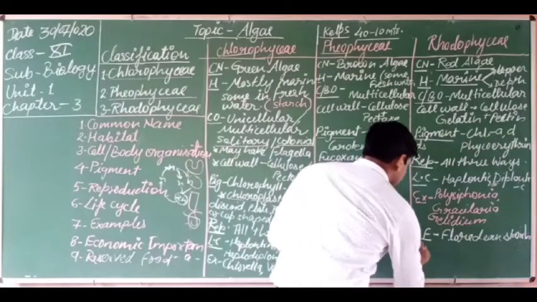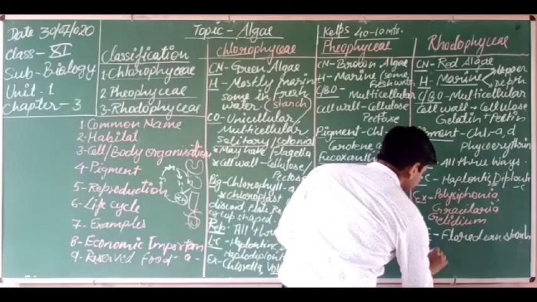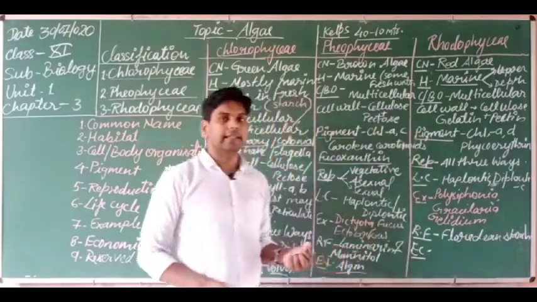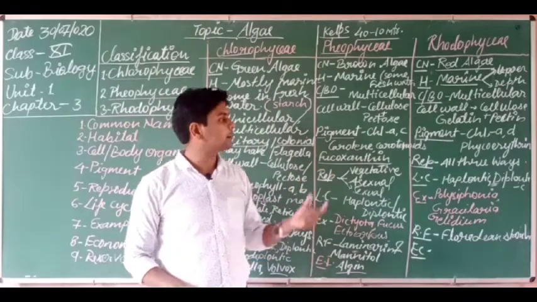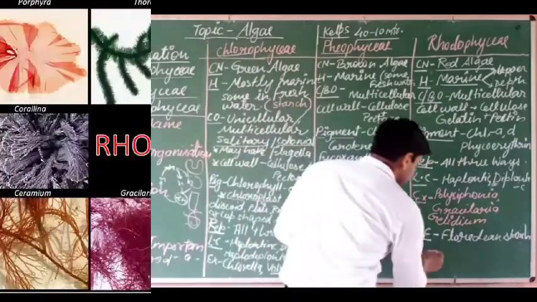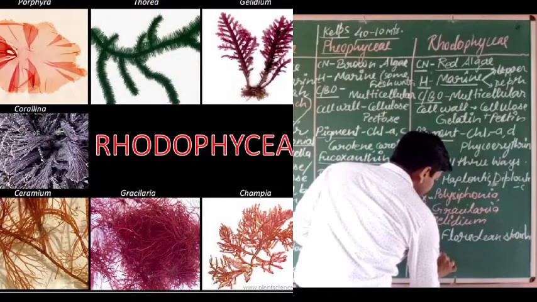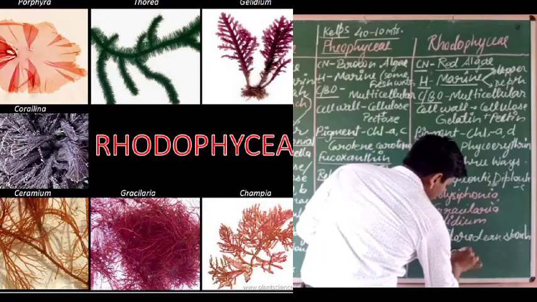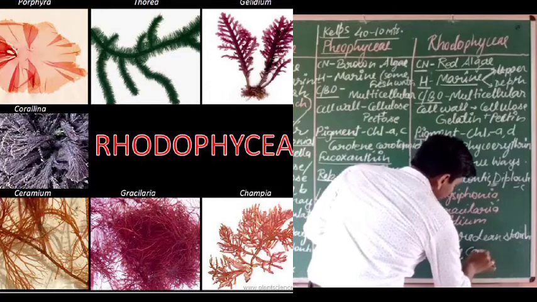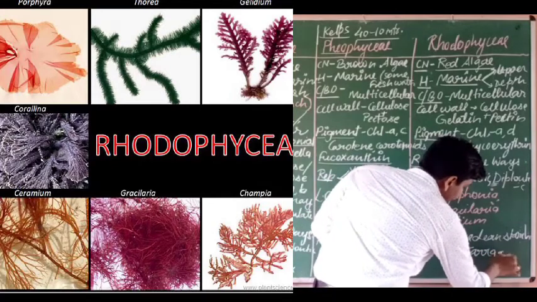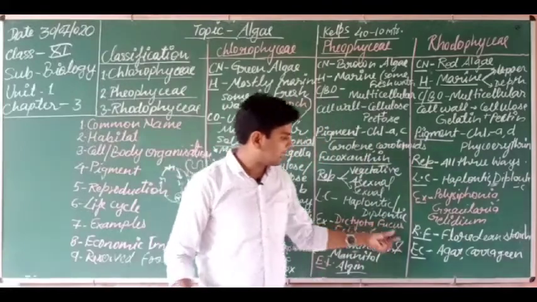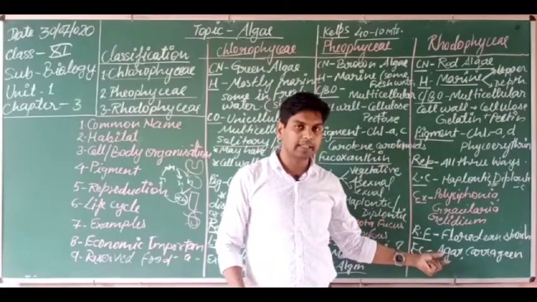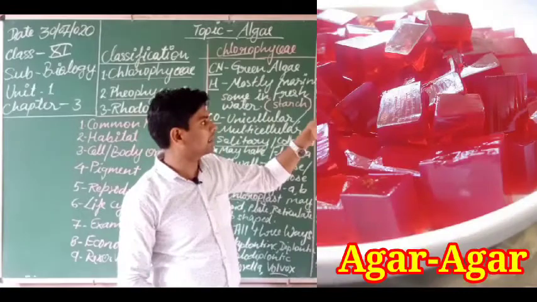What is the economic importance? Do you know, students, one most important substance is extracted from red algae. Its name is agar, and also carrageenan. These two most important substances are extracted from red algae.